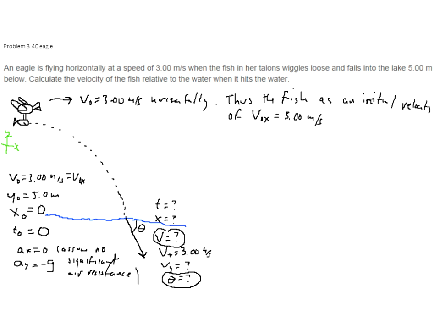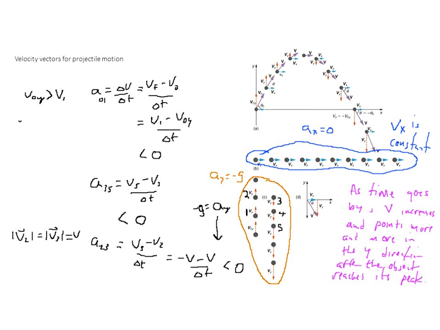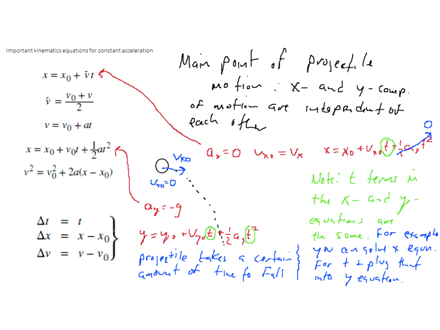So we already know Vx. We need to know Vy. So we can go back and figure out what that is. If we look at these equations right here, we know acceleration. We know the change in position in the y direction.